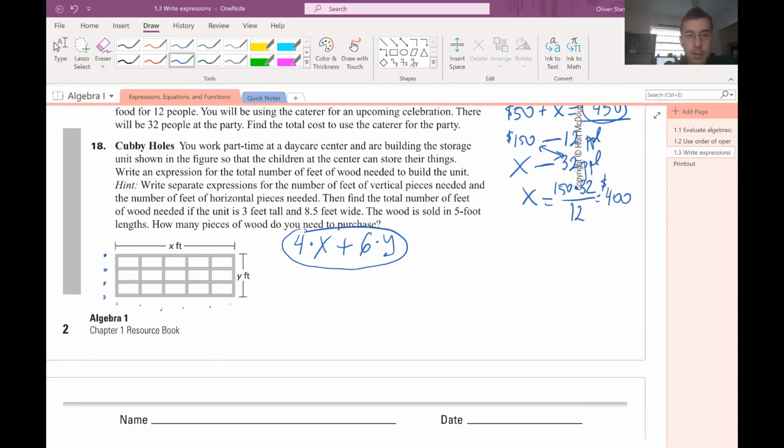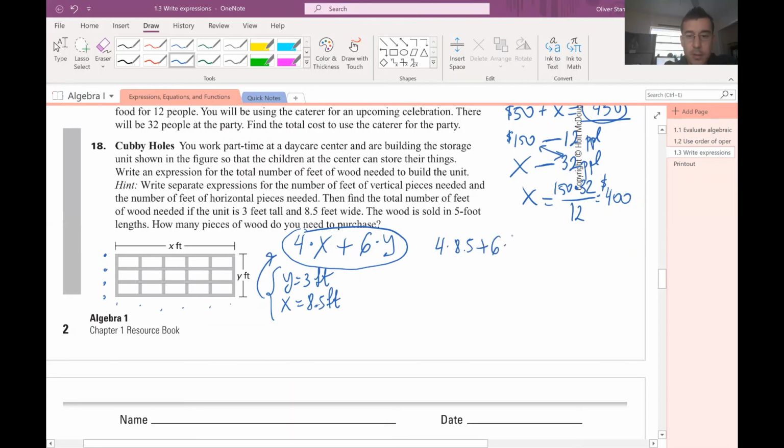Then the question is, find the total number of feet of wood needed if the unit is 3 feet tall. So y is 3 feet tall and x is 8.5 feet wide. And now it's just a matter of substitution. We get 4 times 8.5 plus 6 times 3.